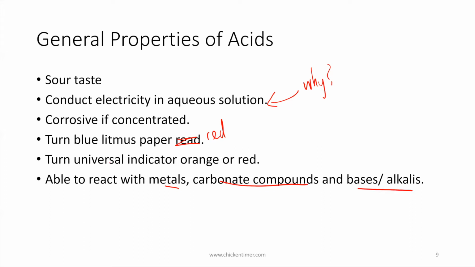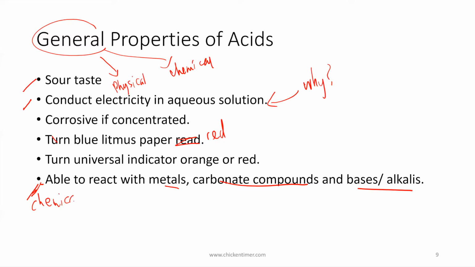These are the things you need to remember. They are general properties, which can then branch into physical properties or chemical properties. So this is physical, and these are chemical properties.